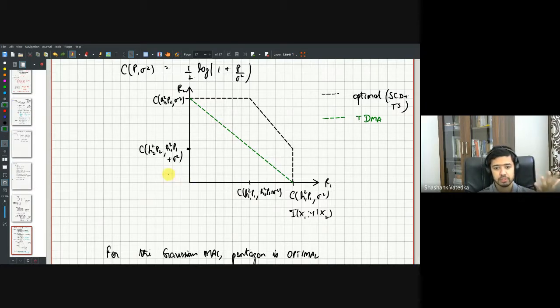Right. So this gives you one more set of rates. Okay. All right. So that is the second approach. So let's look at another approach. Right. So let's see the case when you treat the other user as noise.